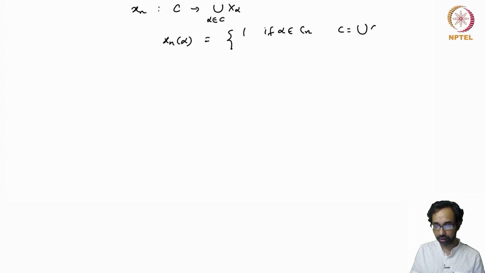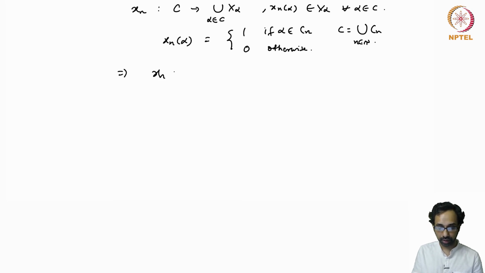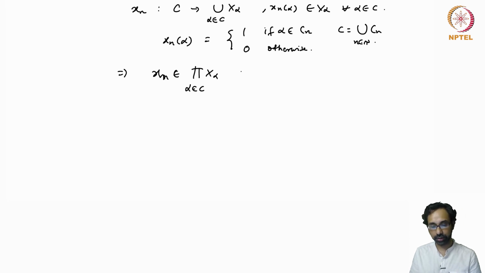Note that C was the union of all these C_n's, and so if alpha belongs to C_n it is 1 and 0 otherwise. And of course x_n(alpha) belongs to X alpha for each alpha in C, and therefore all these points x_n belong to the Cartesian product over the countable set C.